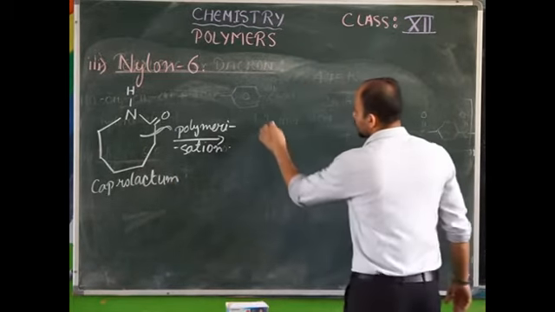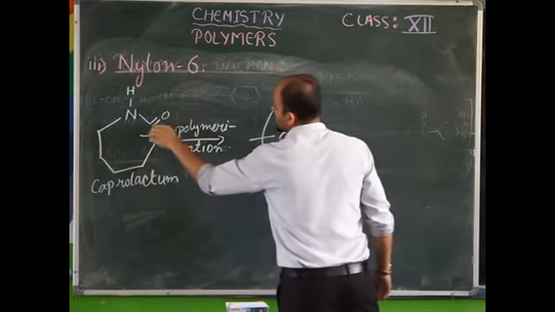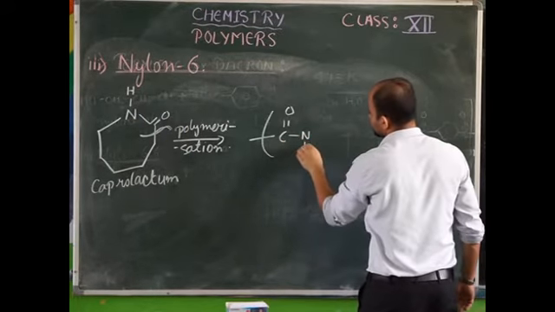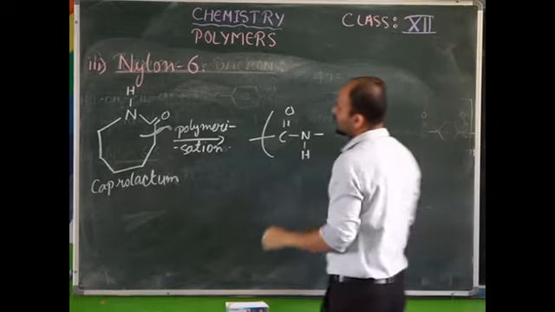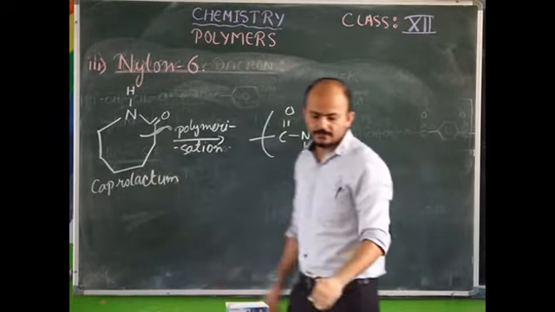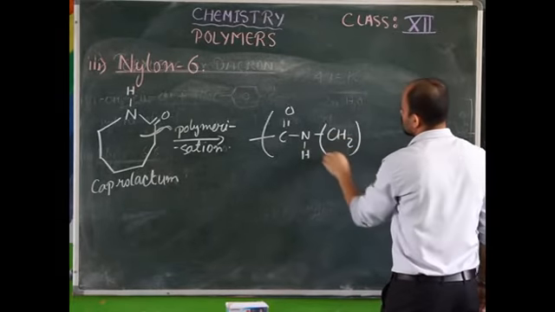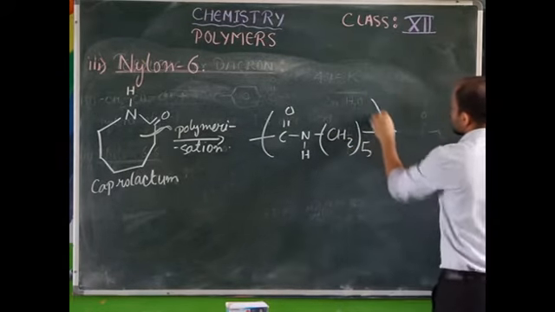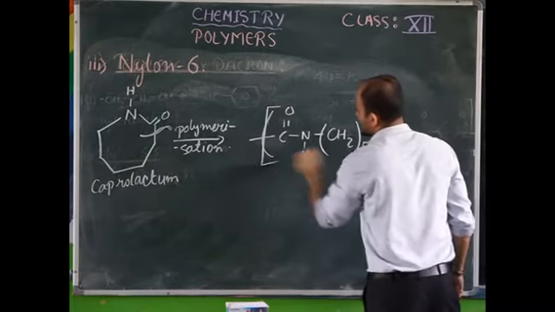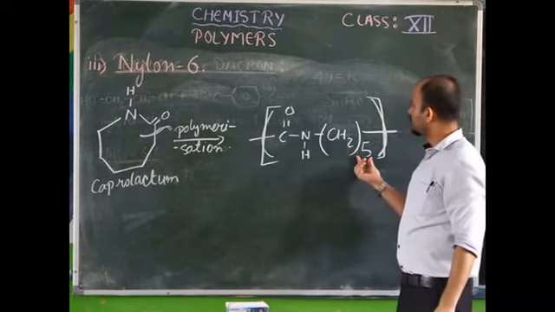Here we have C double bond O, then NH, then how many carbons? 1, 2, 3, 4, 5. We have 5 carbons remaining, that is (CH2)5.